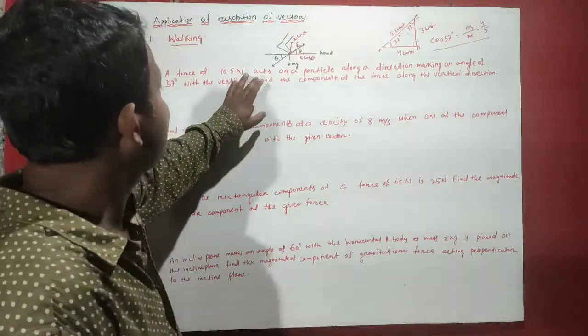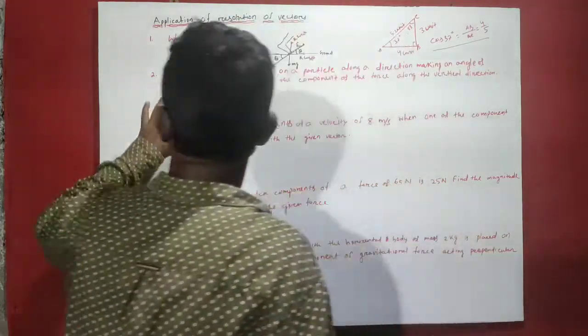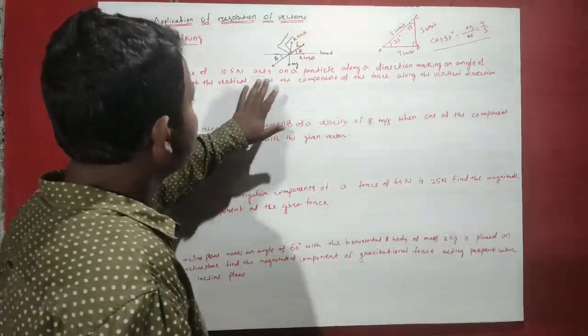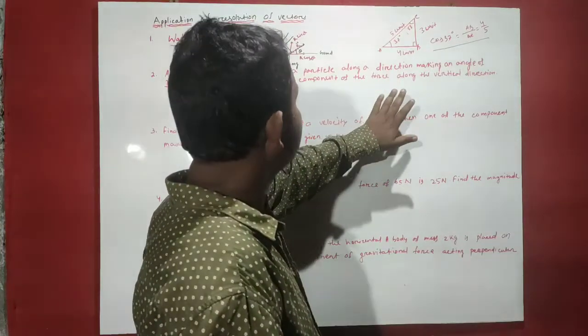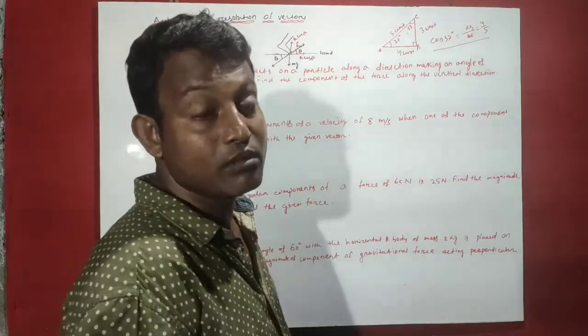A force of 10 Newton acts on a particle along a direction making an angle of 37 degree with the vertical. Find the component of the force along the vertical direction. This is a problem of H.C. Verma sir.